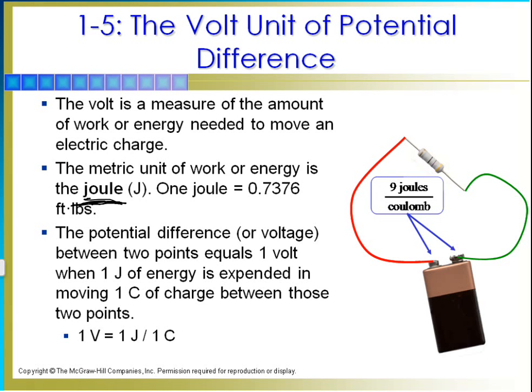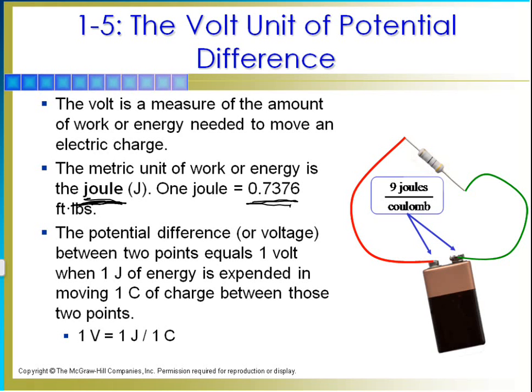So 1 joule is equal to 0.7376 foot-pounds. So if I exert that many foot-pounds of energy to move something, I've done 1 joule, or I've expended 1 joule of work energy.